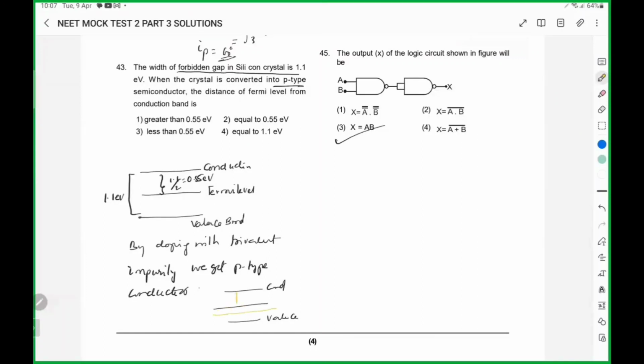So now the energy gap, the forbidden gap between the Fermi level and conduction band, will be greater than 0.55 electron volts.